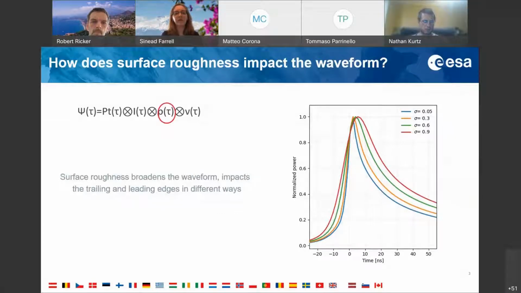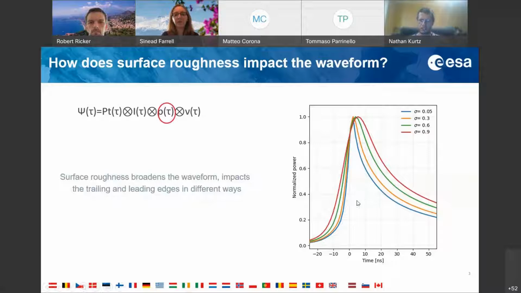So briefly, I just wanted to touch on how surface roughness and snow depth impact the actual waveform. These are images of simulated CryoSat 2 waveforms with different roughness values. Again, time equals 0 would be where you would track the waveform.